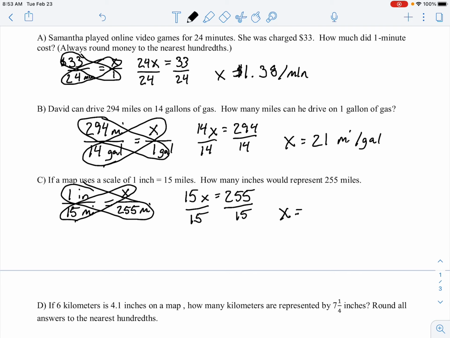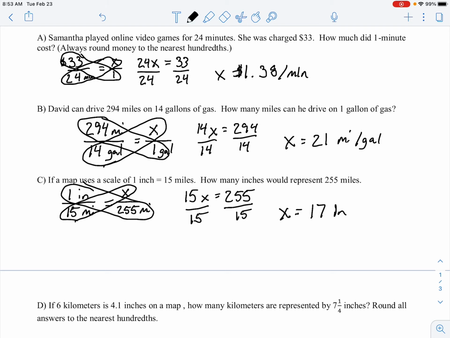We're going to get x equals 255 divided by 15, which will be 17 inches on our map. Well, we don't need to write it out as a rate anymore for this one because that's just going to make it look funny. So that means that 17 inches on a map will represent 255 miles in real life.